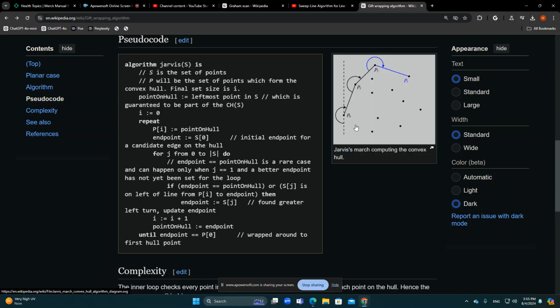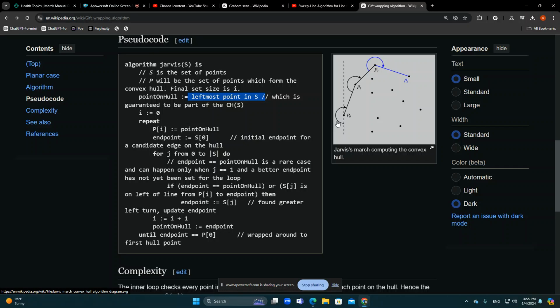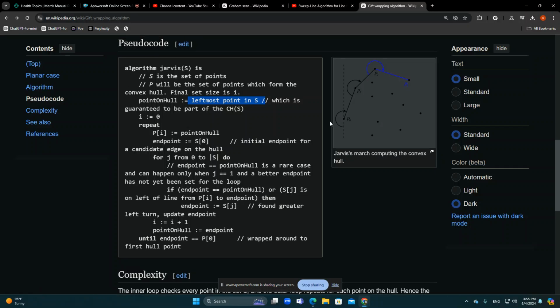If you're going in this direction and start like this, all the points are to the left. You are wrapping it until you get again to the point you started with. Remember that the starting point should be on the convex hull, so you can look for it like the leftmost point in your set of points.